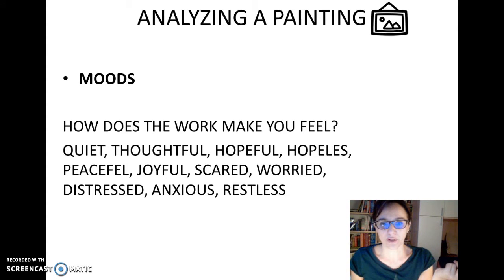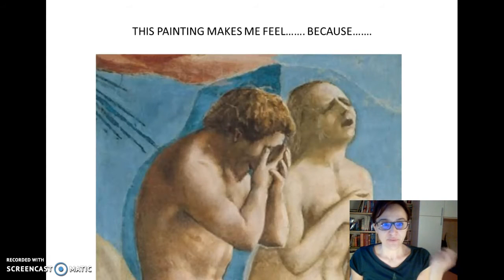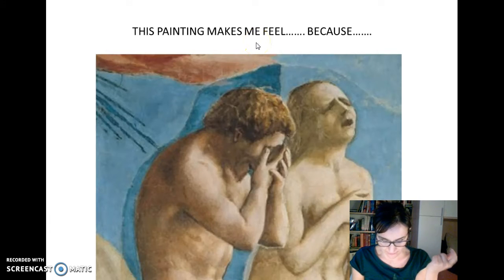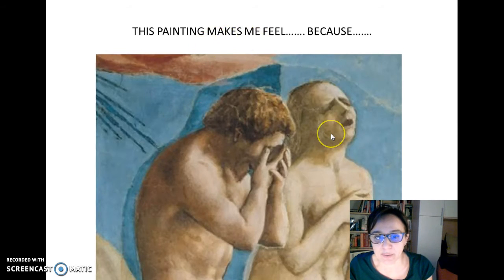How does the work make you feel? For example, if you have a look at this painting, which is a detail of a bigger one, this painting makes me feel worried or depressed because these people look desperate, don't they?